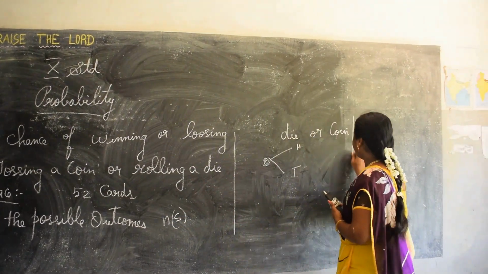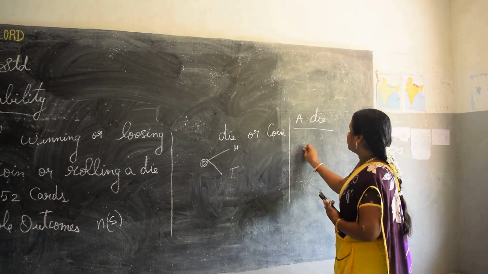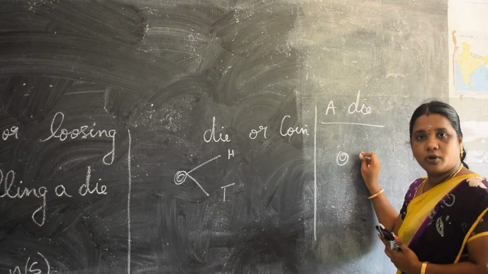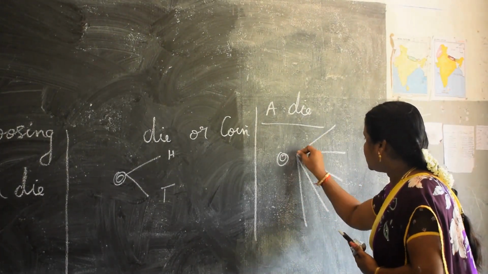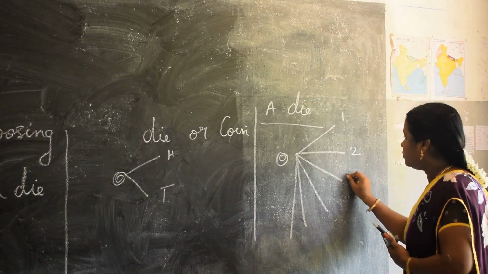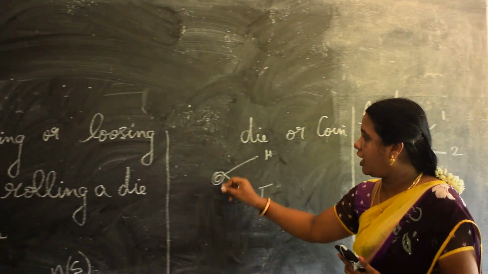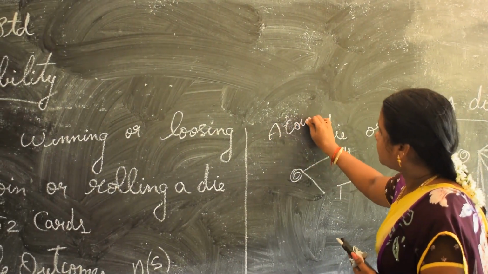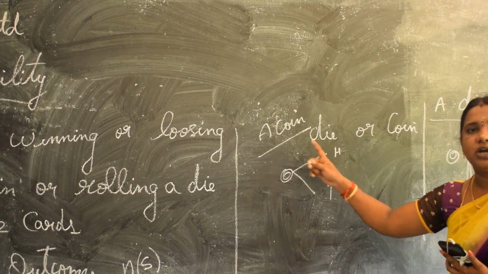So, see here, I will take a die itself. If you are tossing a die, what are all the possible outcomes here? How many possible outcomes are there? 6: 1, 2, 3, 4, 5, 6. If you are tossing a coin, you will get the possible outcomes head and tail. But what is n(S) here?